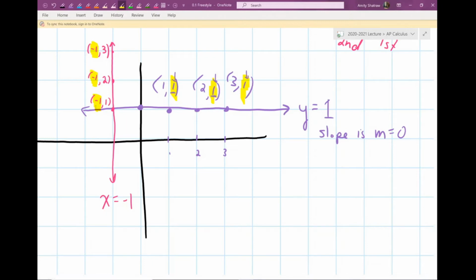So if I think about the slope of this line, it being vertical, on top, when I do 3 minus 2 or 3 minus 1, whatever, I'm going to get a number.